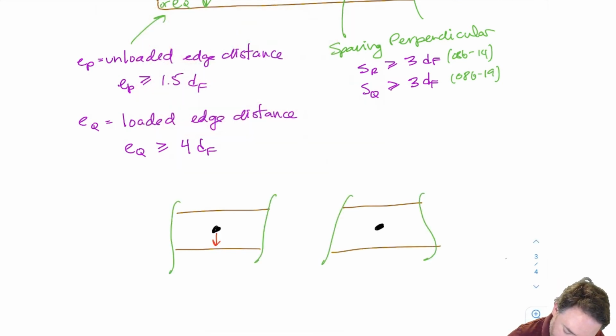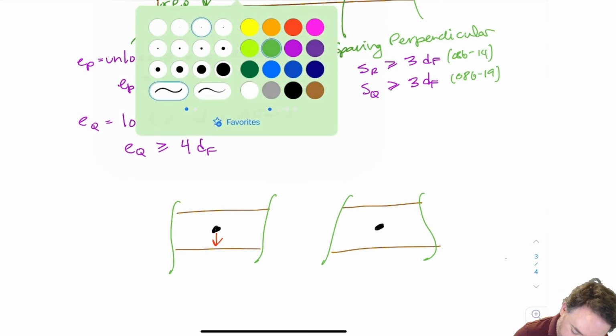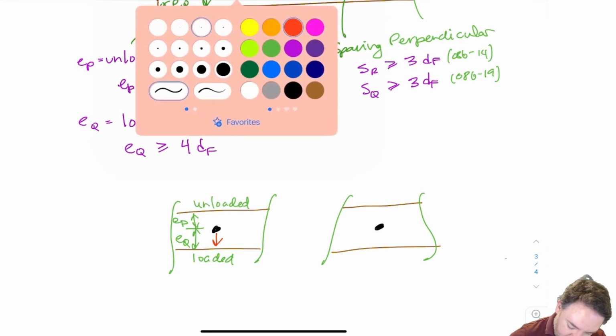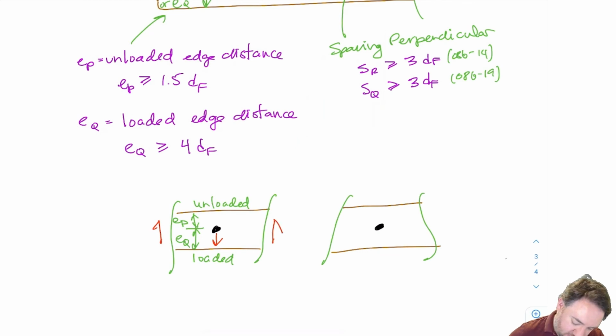So if I'm looking at these two cases a bit more pictorially, in the case that my bolt is trying to push down, then the bottom one will be my EQ, which is my loaded edge distance, and the top one will be my EP, which is my unloaded edge distance. That's because this edge is loaded and this edge is unloaded. And the shear on the beam would look like this.